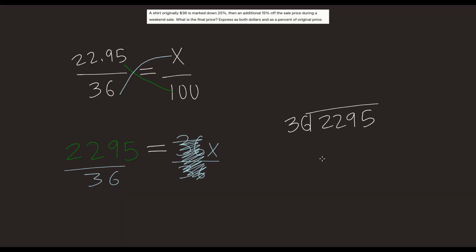Okay, so 36 goes into 229. I'm going to try 6 times. I'm not positive, but let's try it out. 36 times 6. Okay, so 6 times 6 is 36. Carry the 3. 6 times 3 is 18, plus 3 is 21.